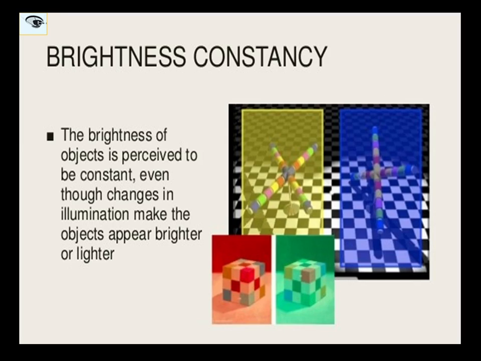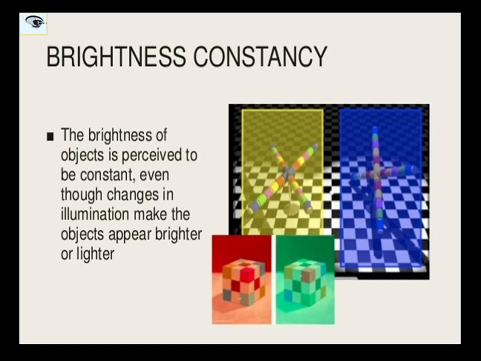Of course, the degree of whiteness of an object, the grayness, the blackness, all of that is going to remain constant, even though the amount of physical energy reflected from them will change considerably.